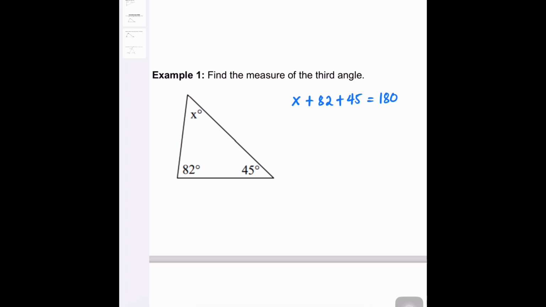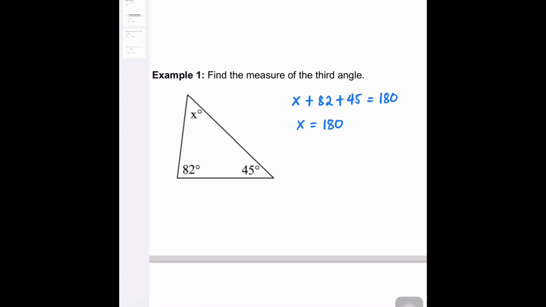So adding all the interior angles will be equivalent to 180 degrees. And we need to find the measure of the angle that's labeled x by writing this initial equation. And from this equation, we can simplify. So it's going to be x equals 180.